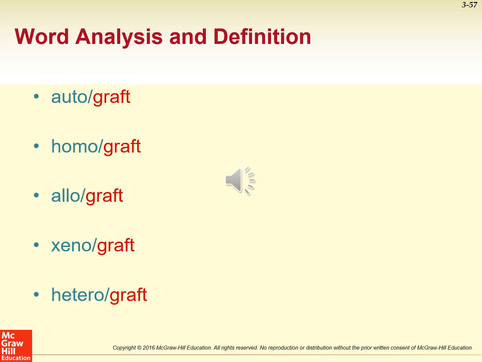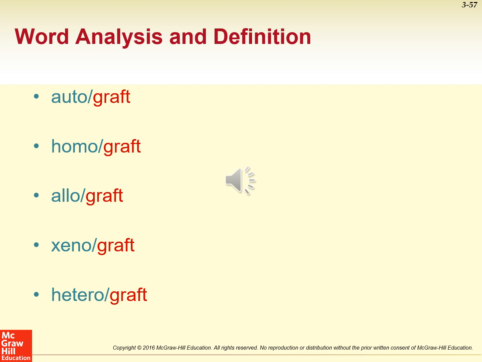All of the words on this slide share a common root word. The root word is graft, which means transplant. So let's look at the prefixes. Auto. What does auto mean? Oh, self. Kind of like automatic or autonomic. Okay. Homo means same or alike, right?